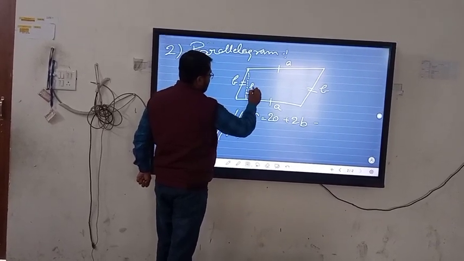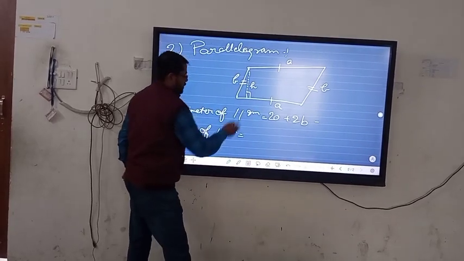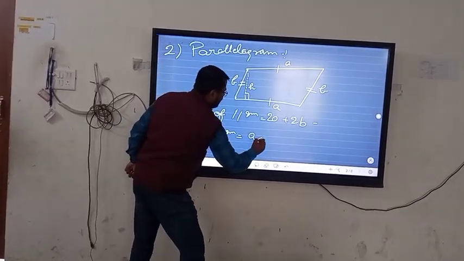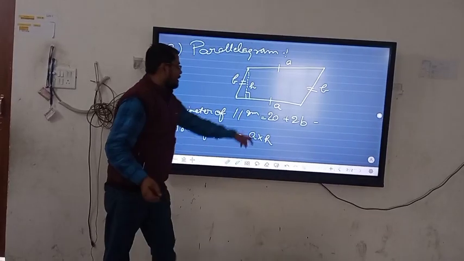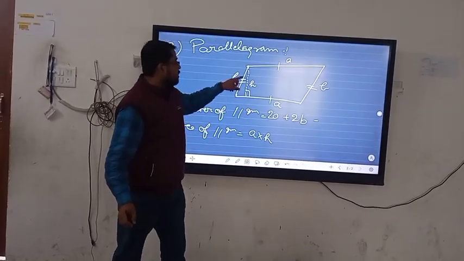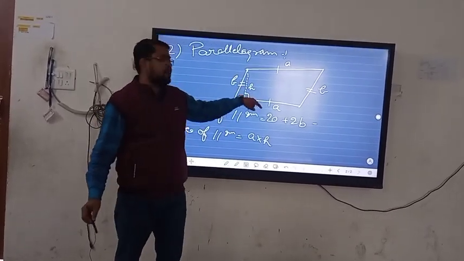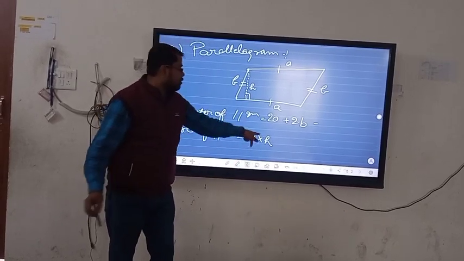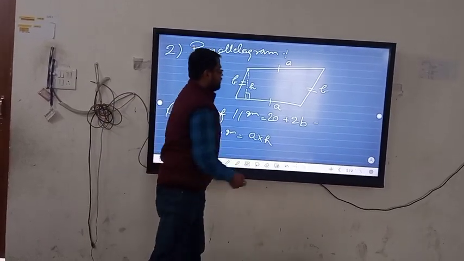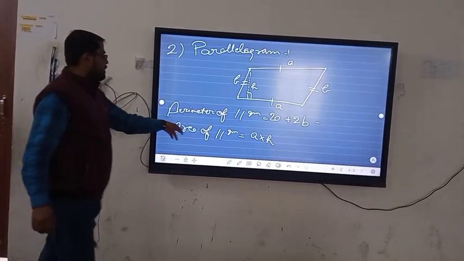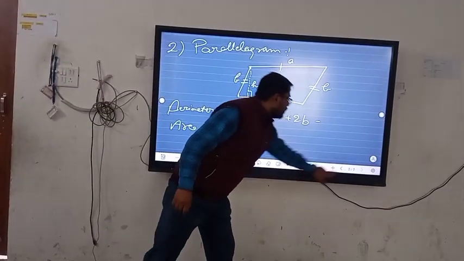Okay, this is h. Okay, so the area of parallelogram is A into h. Height, this is the height, and the height lie on the side into that, A into h. Okay, this is the perimeter and this is the area of parallelogram.